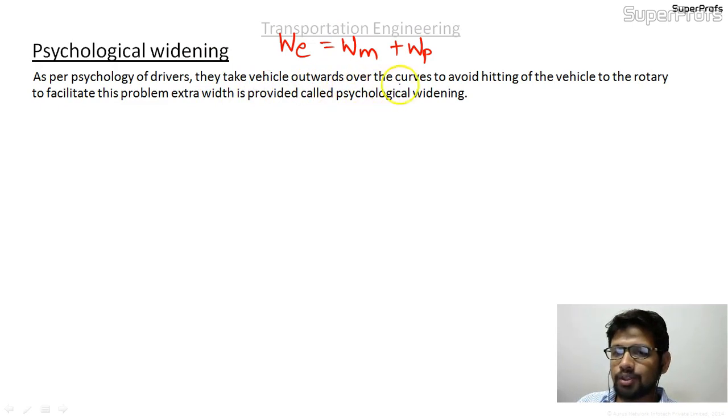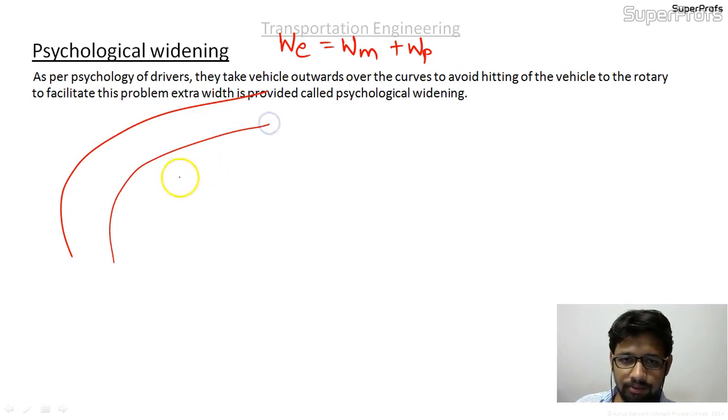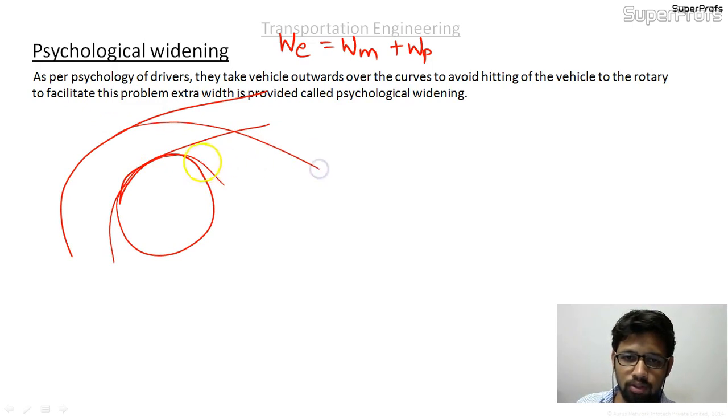The vehicle is taken outwards over the curb to avoid hitting the rotary. Suppose there is a curve like this. I should draw better diagrams from next time. Suppose there is a rotary like this, and the road is following this rotary.